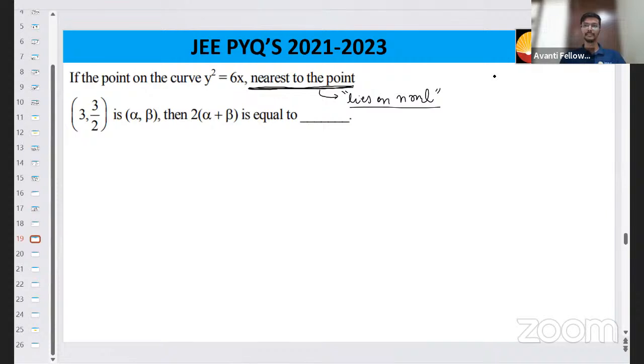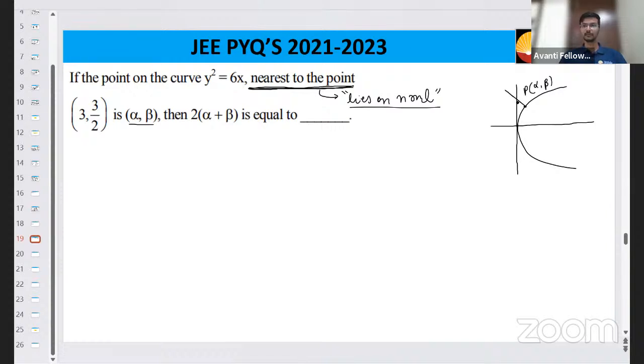So let me tell you, or let us, should we draw a diagram? Okay, let us try to draw a diagram. Yeah, we can draw the diagram. This is the parabola y square equals to 6x. It will give you a perspective. So a point on the curve is alpha comma beta. Let us say this point P, alpha comma beta, is nearest to the point.